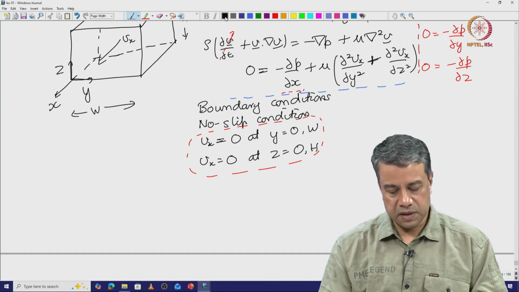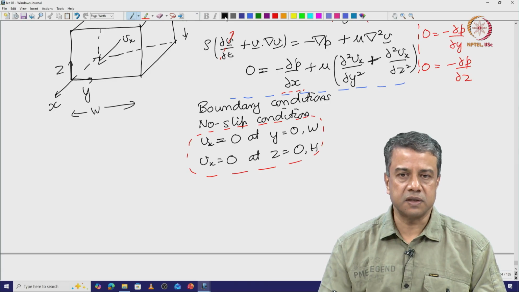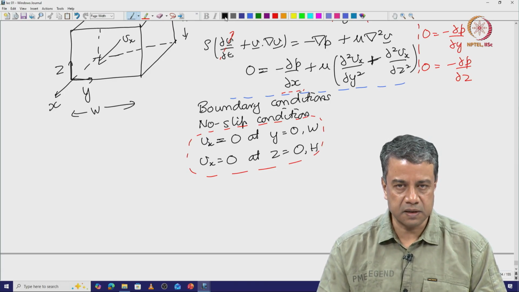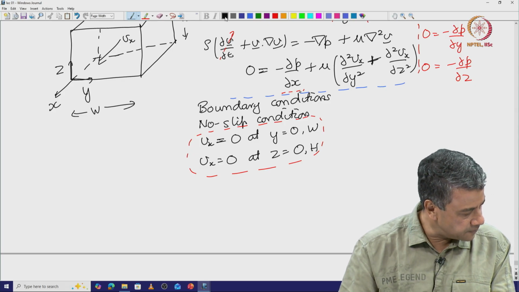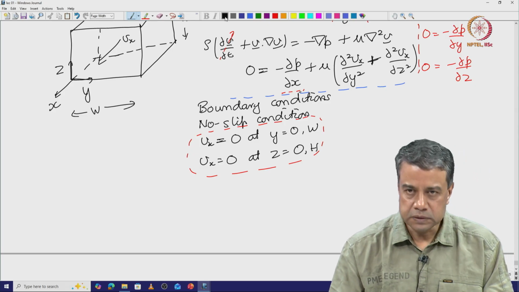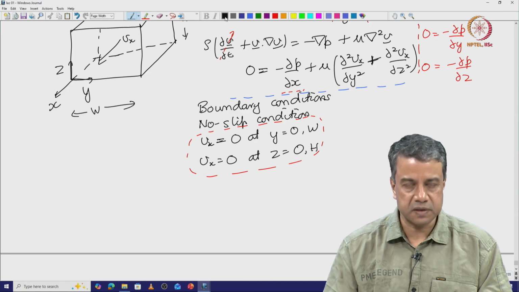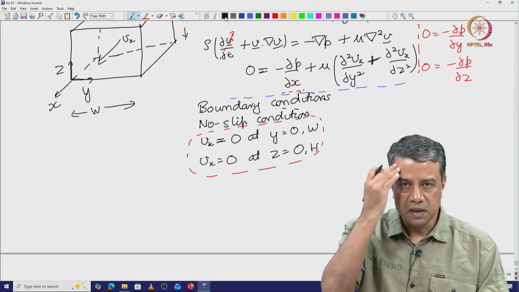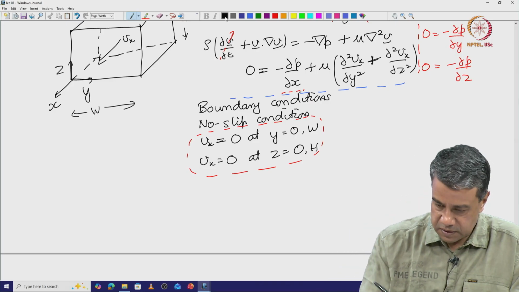Now, these two homogeneous boundary conditions stipulate that the velocity is equal to 0 at both boundaries in the y direction and at both boundaries in the z direction. Therefore, the velocities can be expanded in a set of basis functions as follows.